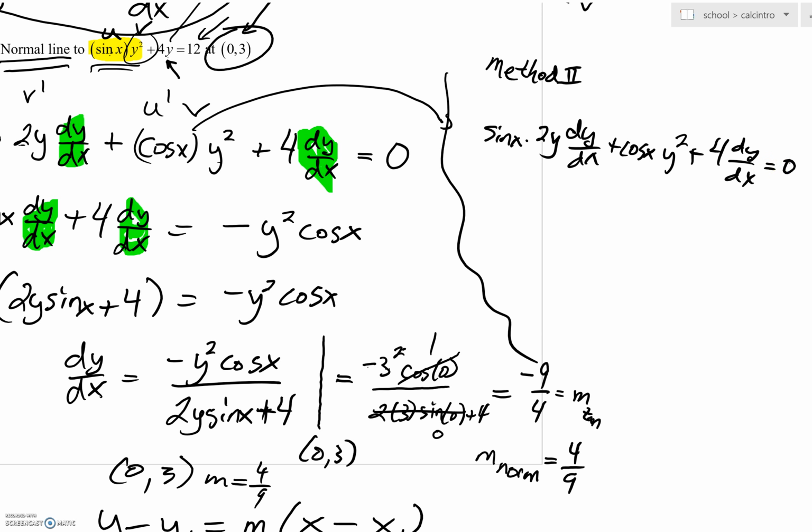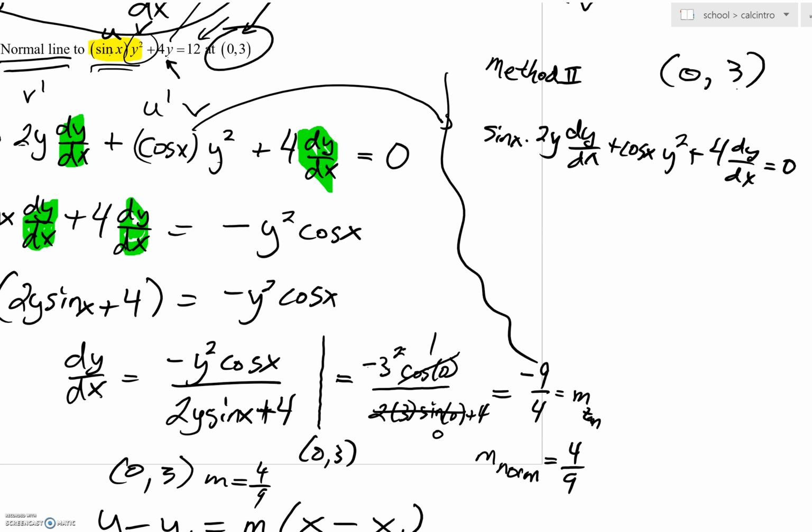If you know early on that you're going to plug in 0, 3, feel free to plug it in immediately. You're going to plug it in at some point.